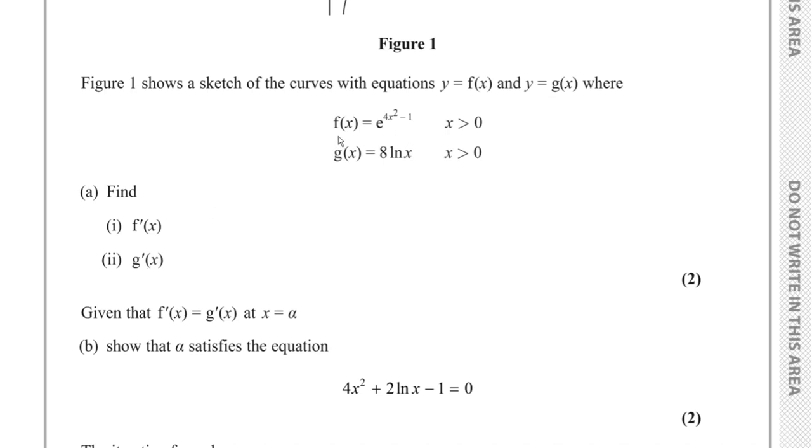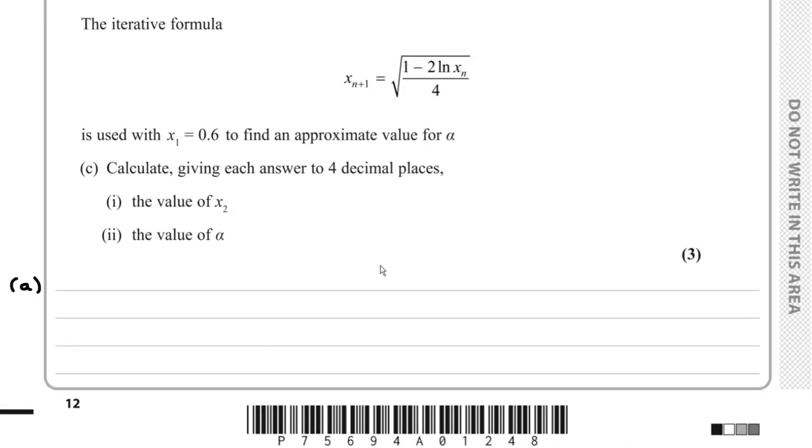So, for us to differentiate f, we would have to multiply e to the 4x squared subtract 1 by the derivative of 4x squared subtract 1. In other words, f dash of x will equal 8x, which is the derivative of 4x squared subtract 1, multiplied by e to the 4x squared subtract 1.